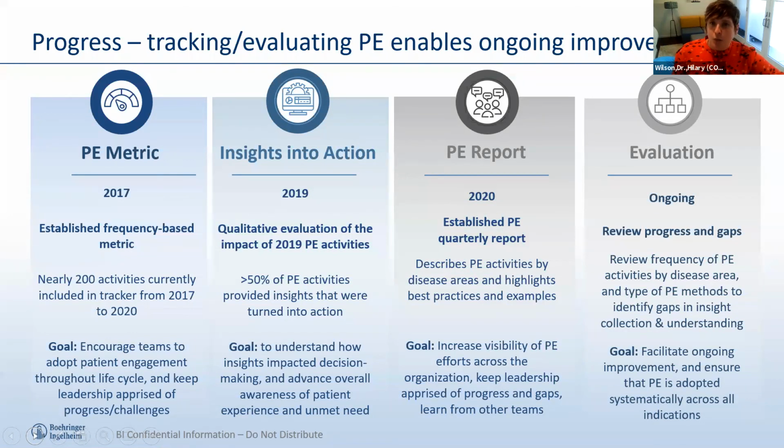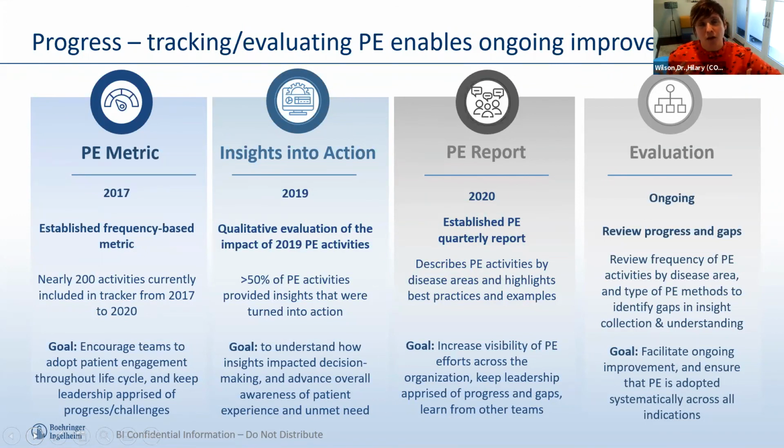At the end of last year, we recognized that patient engagement had been steadily increasing, but we wanted to have more detailed information to inform process improvement further. So I did a qualitative analysis of all the data that was in our patient engagement tracker, and using the results from that, developed a new reporting structure. So this year we launched our patient engagement report, and this reports not only the frequency of the patient engagement activities, but also the frequency by disease area and by stage of development.